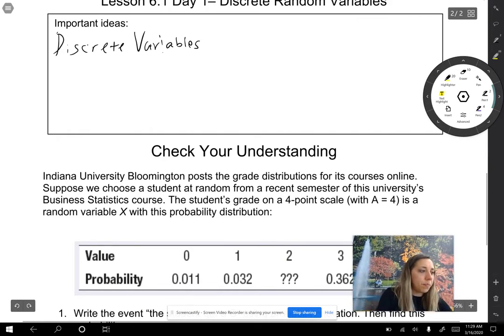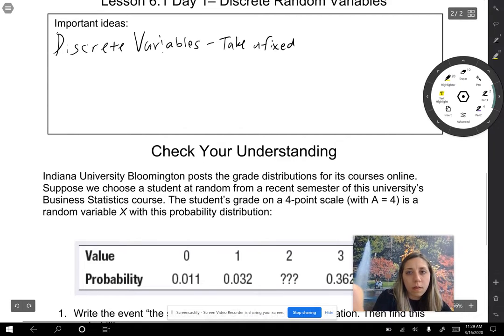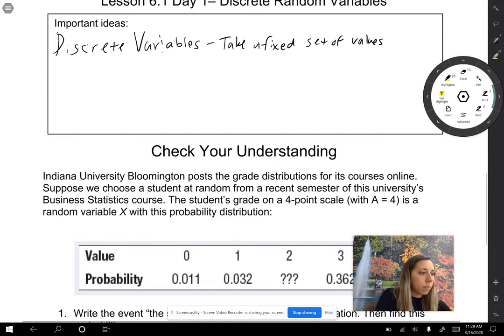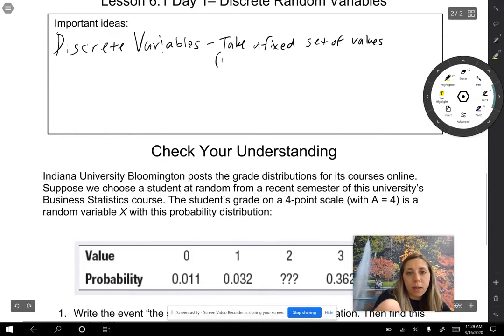And they take a fixed set of values. And there's no gaps in between.